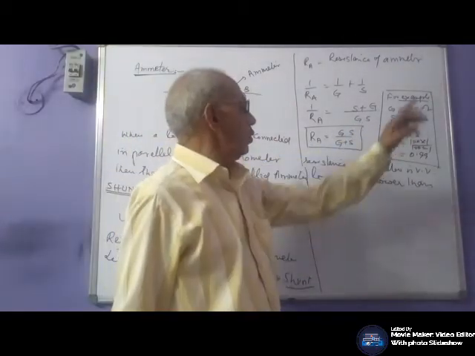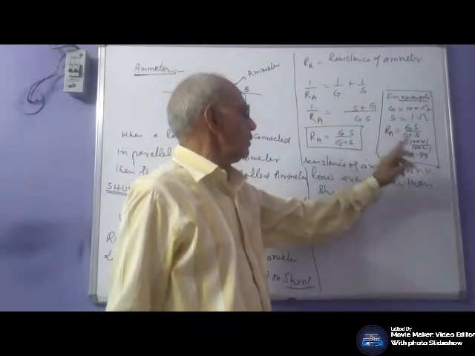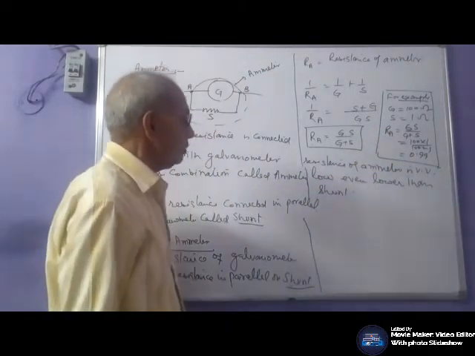Shunt resistance was 1 ohm, and the resistance of the ammeter comes to 0.99, even lower than the shunt.